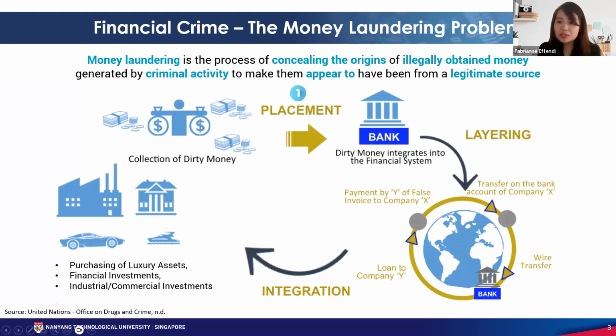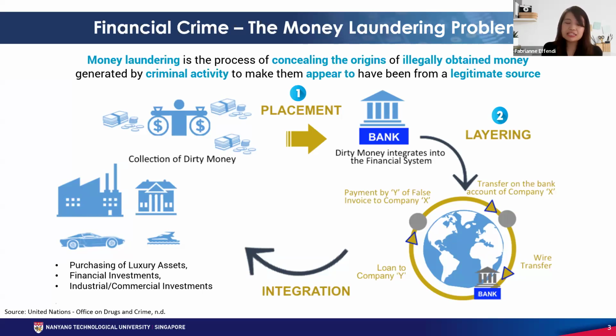Firstly, placement is when dirty money first enters the financial system. And one way this is done is usually by breaking down large amounts of illegal cash into smaller, less suspicious transactions. Next is the layering phase, where these illegal funds will go through a series of complex transactions and bookkeeping tricks to hide their origin.